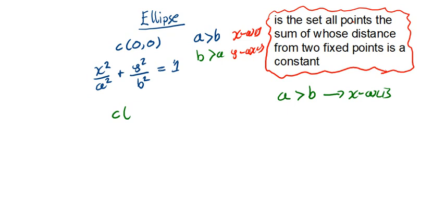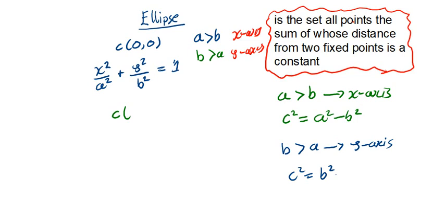So if you want to find your focus, c squared will be equal to a squared minus b squared. But if your b is greater than your a, meaning you're on the y-axis, your c squared will be equal to b squared minus a squared.